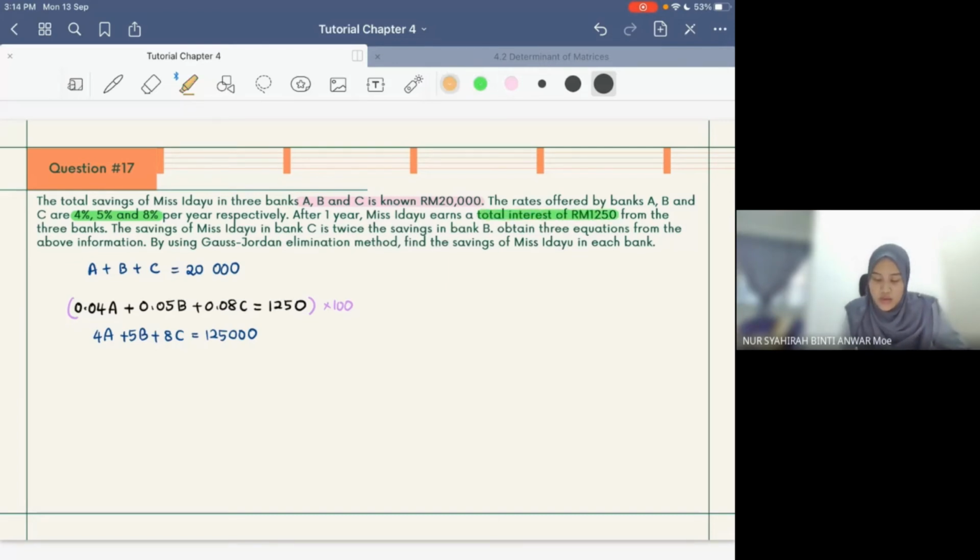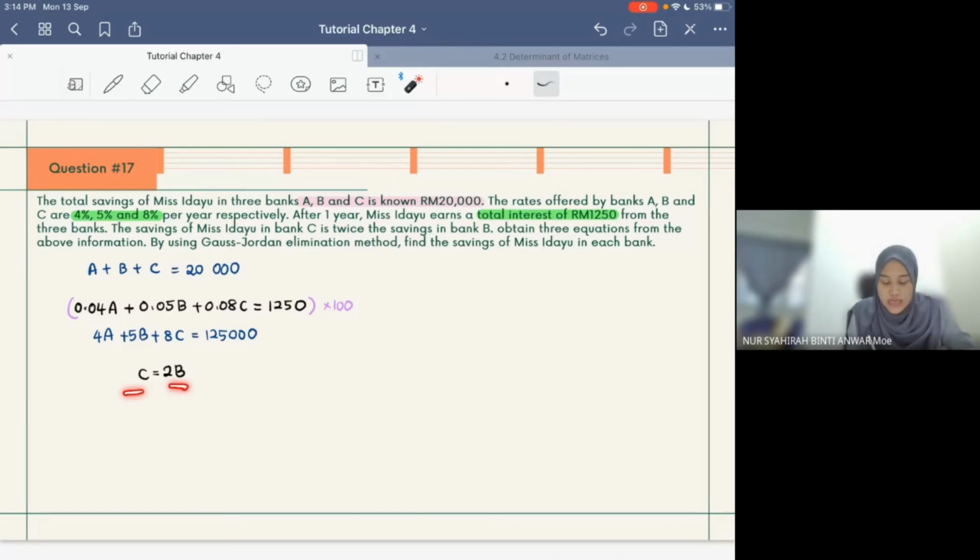Okay, now the savings of Miss Idayu in bank C is twice the saving in bank B. So dalam bank C adalah 2 kali ganda bank B. So kat sini merujuk kepada C equals to twice of B. Okay. So kita kena letak yang ada A, B, C ni kat belah kiri. Yang belah kanan ni dia hanyalah constant.